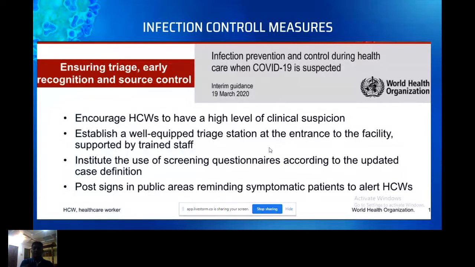You can post those signages for the patient before they report to us. And very important, what the guidelines say: we must appoint one person as an infection control protocol officer. He should be made responsible for every infection control procedure, right from the patient's entry till the patient goes out, including disinfection and sterilization.